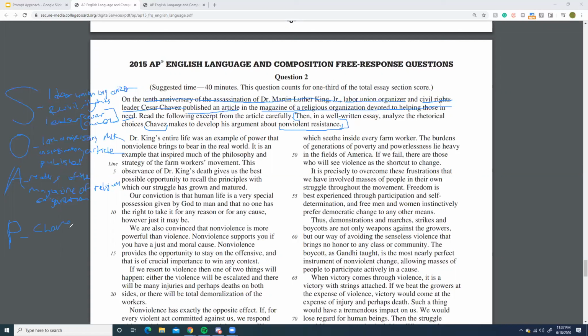Chavez is, and you would find this out as you read the speech, typically advocating for nonviolent resistance.